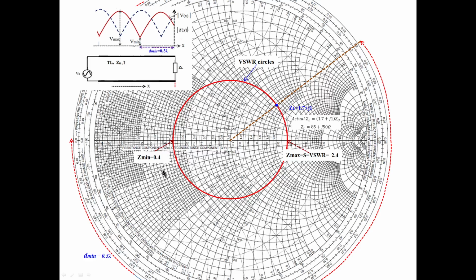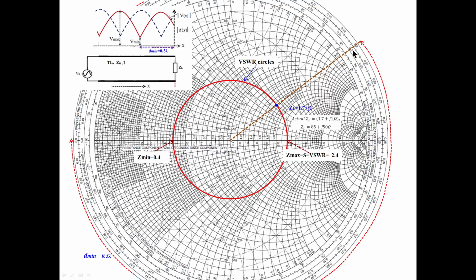To know the distance, you should go to the wavelength scale. From here, the load position on the wavelength scale, you move like this. It starts at 0, then 0.04, 0.05, like this you go on moving. Wherever you come to 0.3, you stop here.